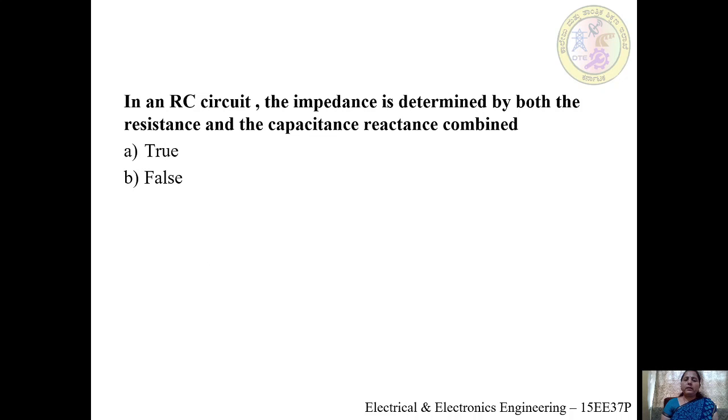In an RC circuit, the impedance is determined by both the resistance and the capacitive reactance combined. Yes, to calculate the impedance, we need the resistance value and also the capacitive reactance value. So it is true.